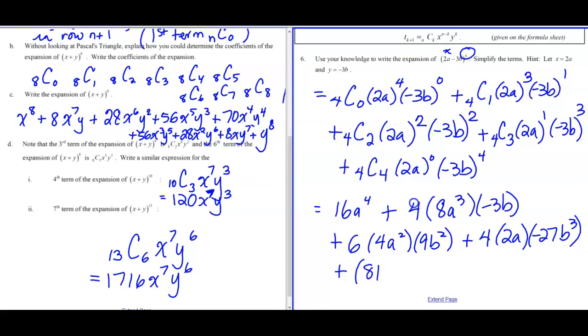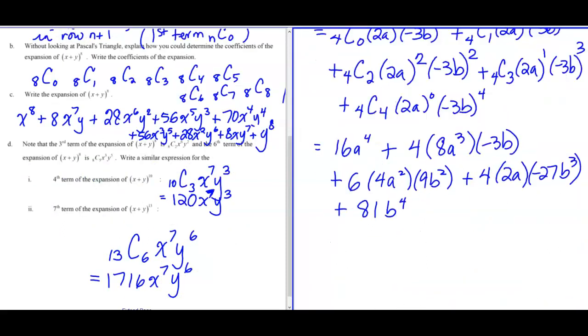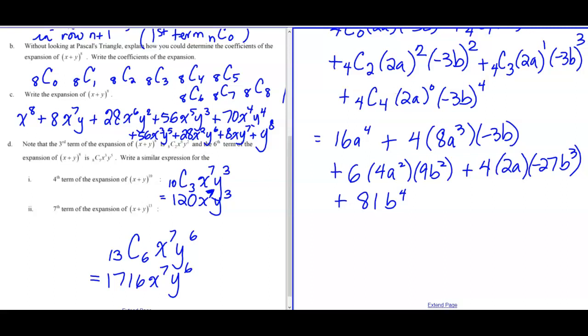Then I go through and get rid of the brackets. So what's that? 12 times 8 is 96, so minus. Plus.